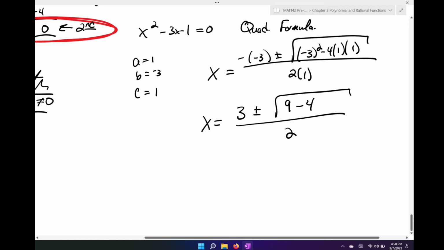Okay. So x equals 3 plus or minus the square root of 9 minus 4 all over 2. Oh, I'm sorry, I made a mistake here. C is -1, so this is 9 plus 4. Sorry, I went really fast with that mistake. So make sure you make that correction. So x equals 3 plus or minus the square root of 13, all over 2.